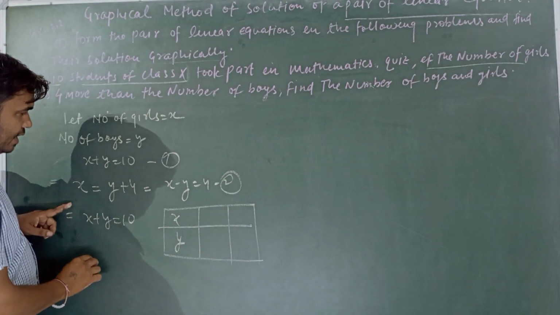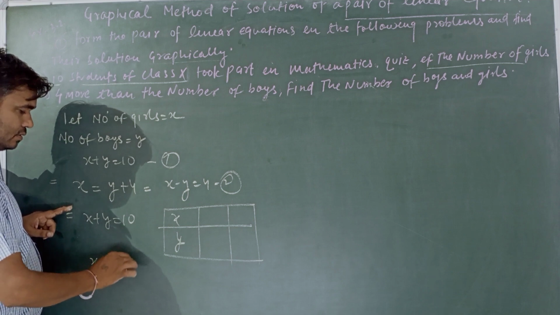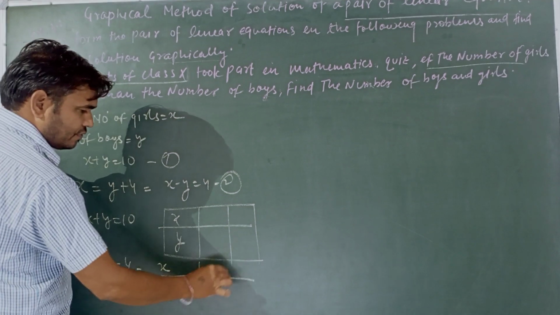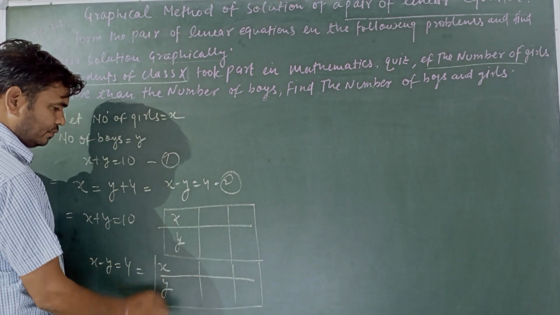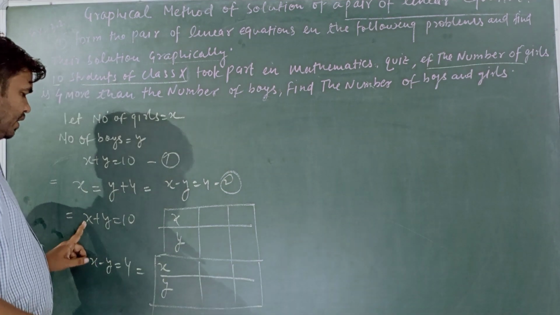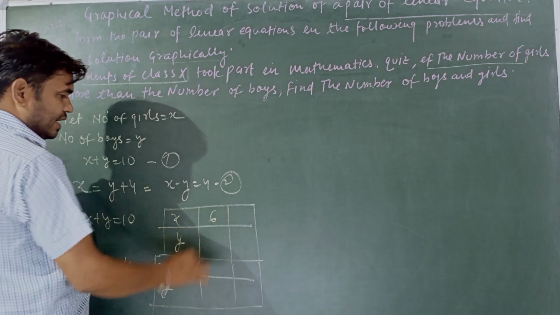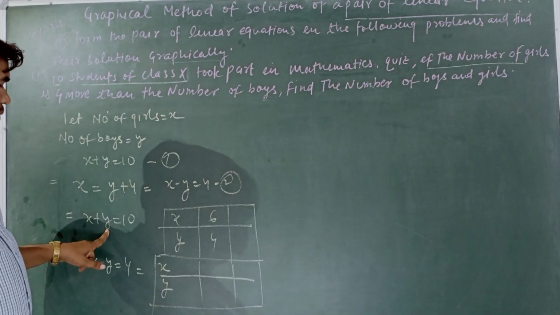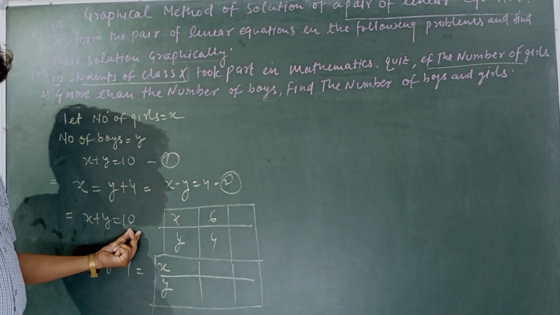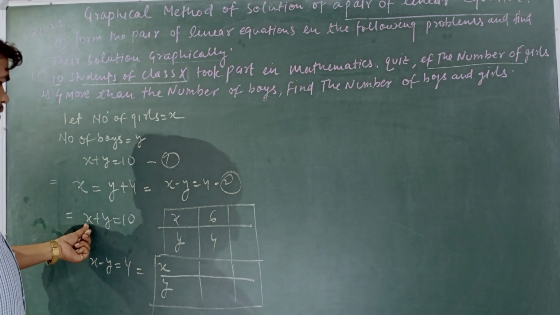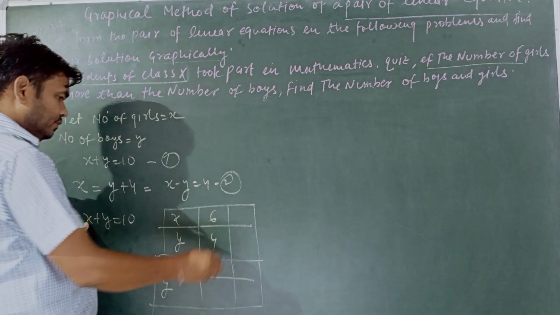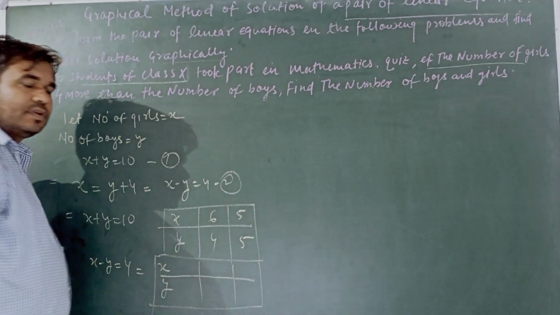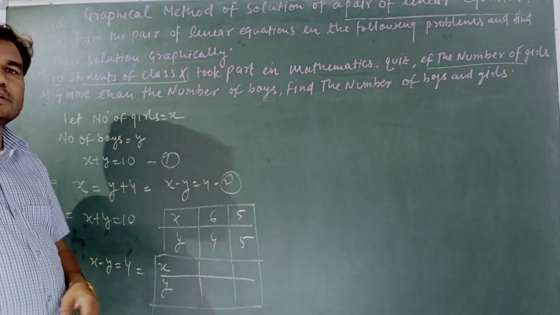We can take x equal to 6 and y equal to 4, which satisfies the condition equal to 10. We can also take x equal to 5 and y equal to 5, which also satisfies it.